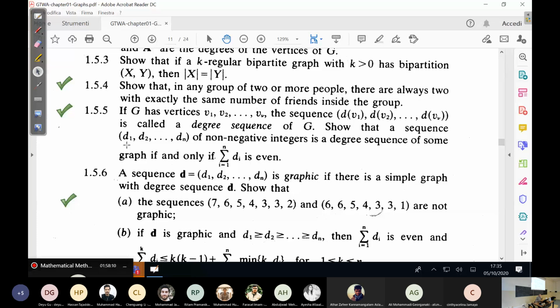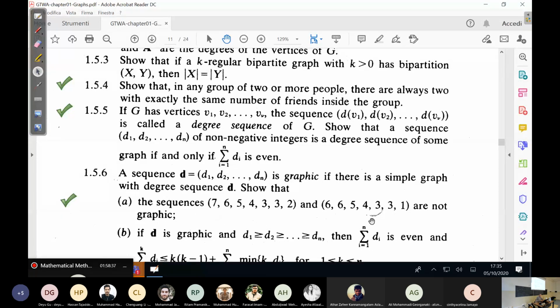What we have to prove is that if we have such a sequence and the sum of all of these numbers is even, then there exists a graph with that degree sequence. Not every sequence with an even sum is a degree sequence of a simple graph, as we can see here.